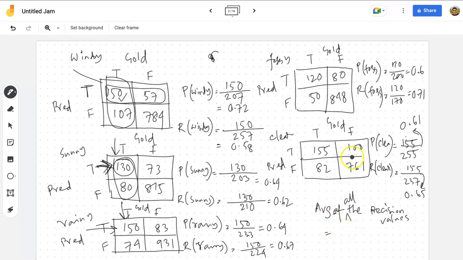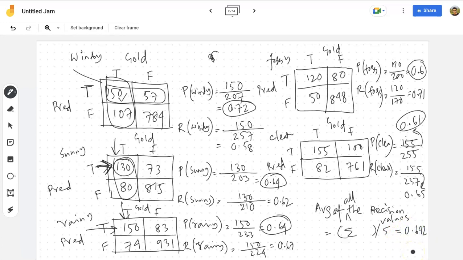So what are the precision values? This for this class, this for this class, this for this class, this for this class, this. You just need to add these 5 different precisions and divide. So it will be the sum of all these divided by 5. If you do this, it will be around 0.642.